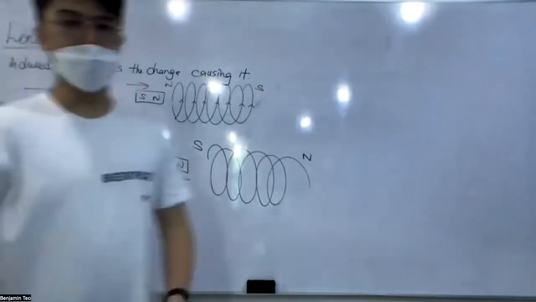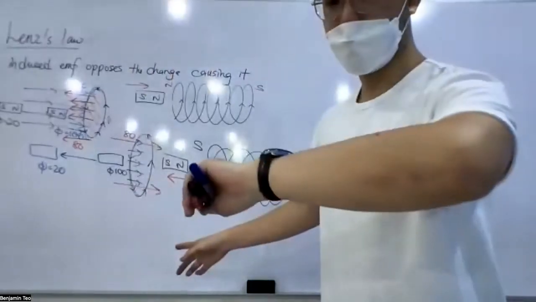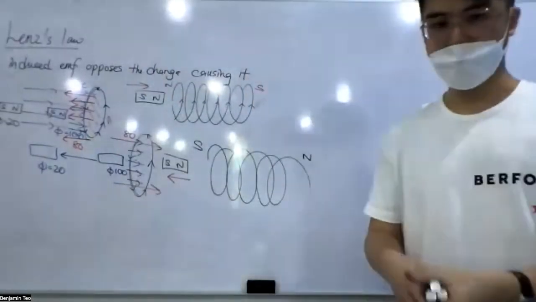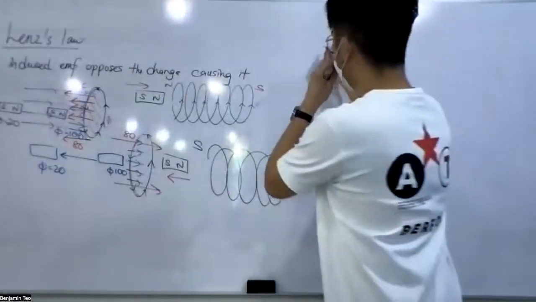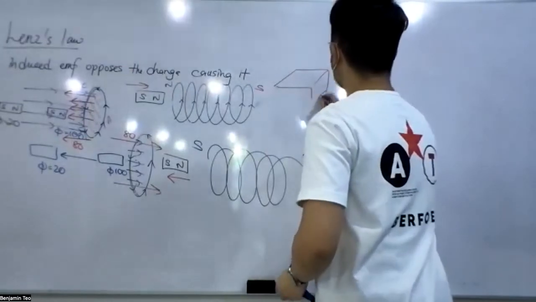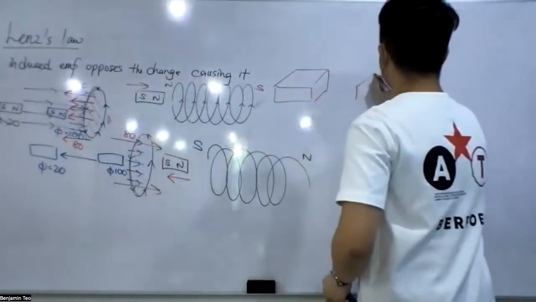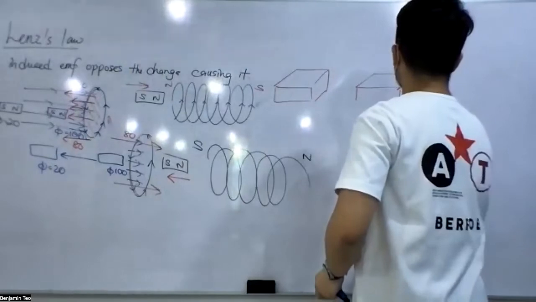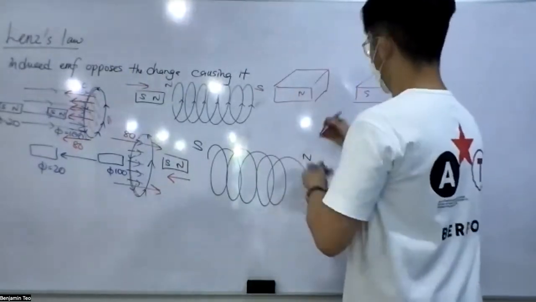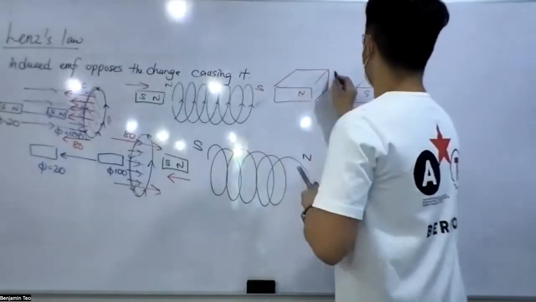So that is Lenz's law, right? Not only in the coil, it can be the swinging, the oscillation also. If you allow a conductor to oscillate between the magnet like this. Later in the exercise, we'll do one question like this. This is the magnet, and this is the field.